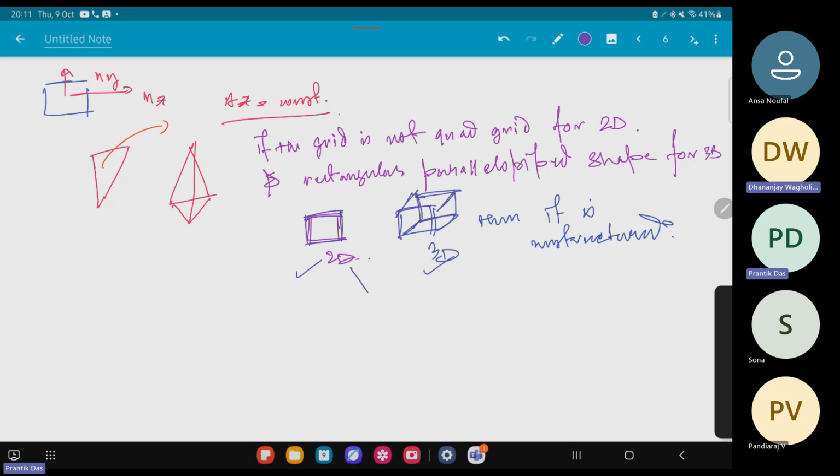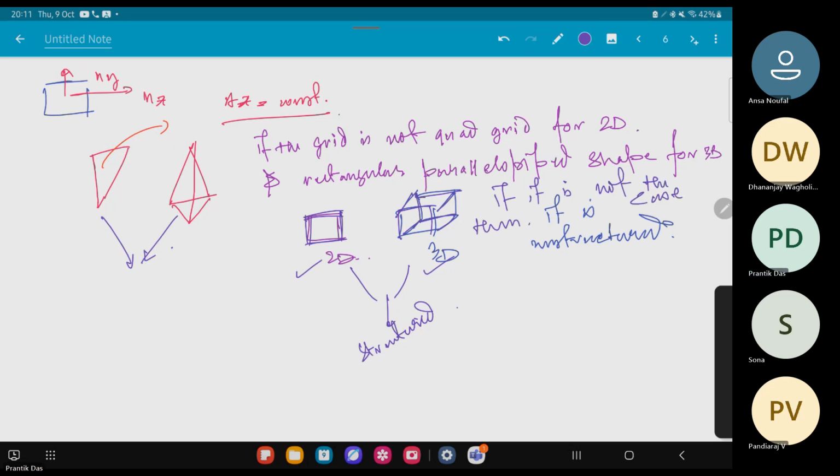So if this is the case, then it is structured, and if it is not the case, then it is unstructured. Okay, understood. I had said that verbally.